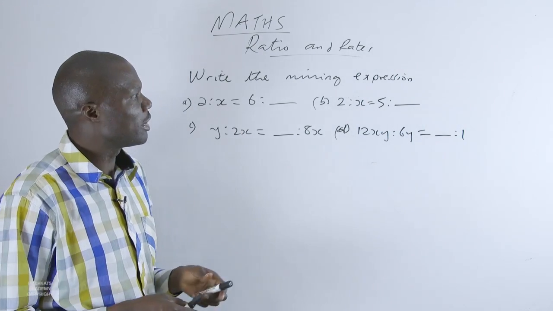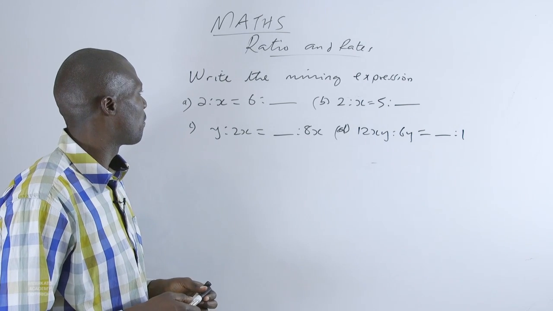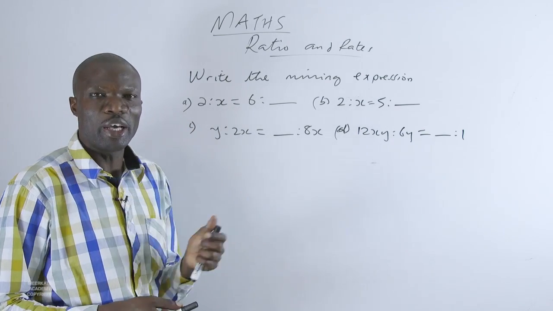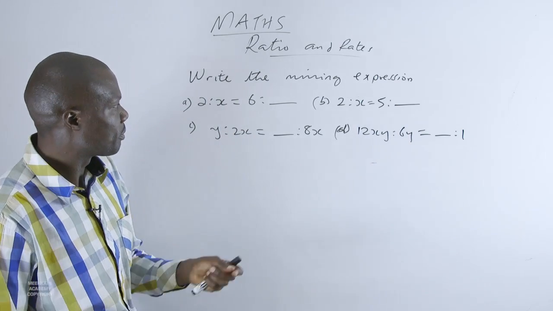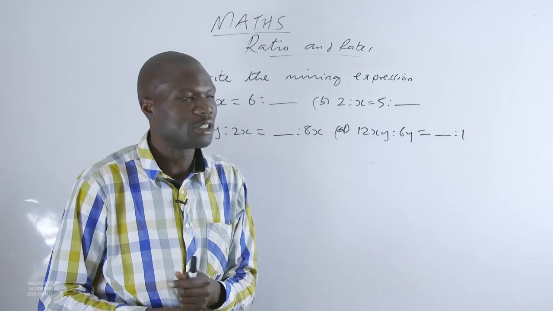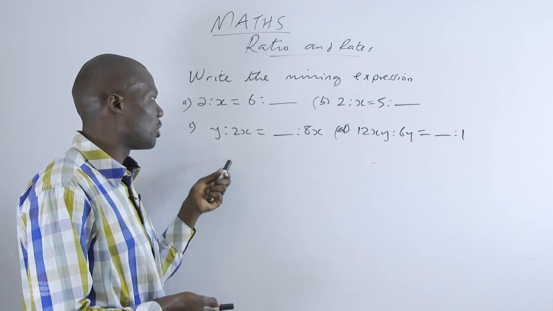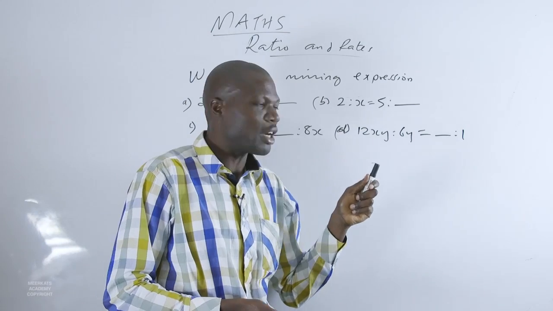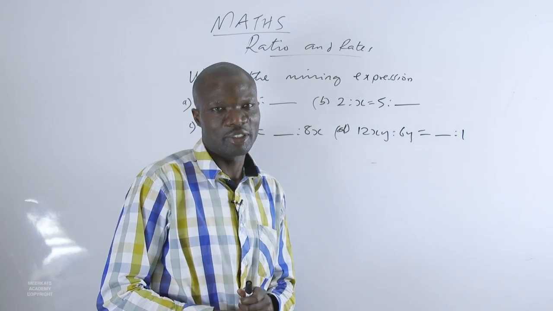Write down the missing expression. 2 to x is equal to x to dash. 2 to x is equal to 5 to dash. y to 2x is equal to dash to 8x. And finally, 12xy to 6y is equal to dash to 1.